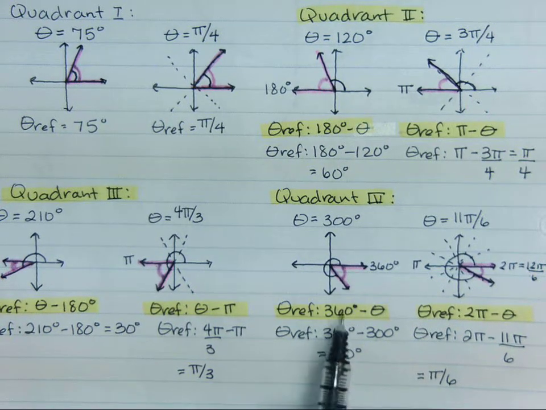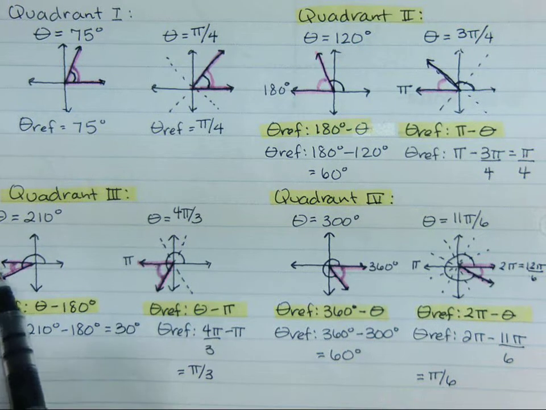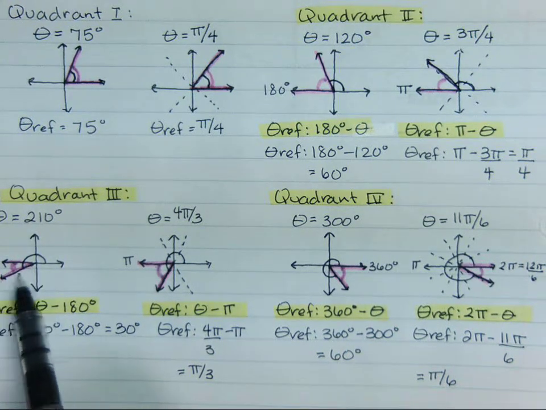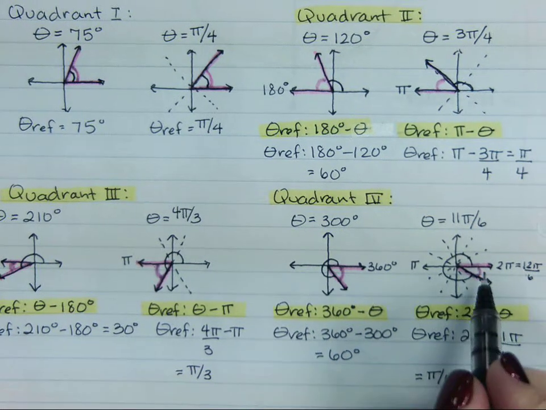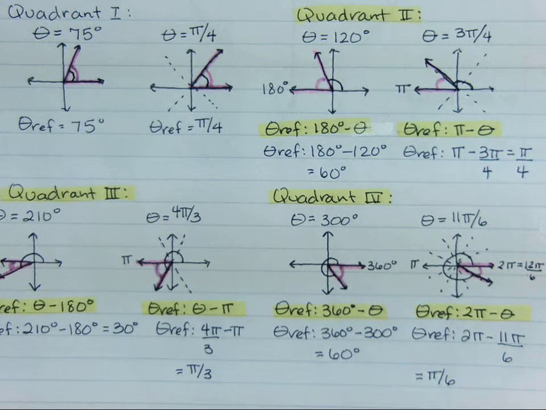Because these formulas right here only work if you are in one rotation of the unit circle in a positive direction. So you may have to do a little bit of extra math, but if I know that I terminate here in quadrant 3, I need to find the distance in this gap. Same thing here. All right, so try to use the skills that you've learned in terms of graphing in standard form, and then these formulas will help you out.